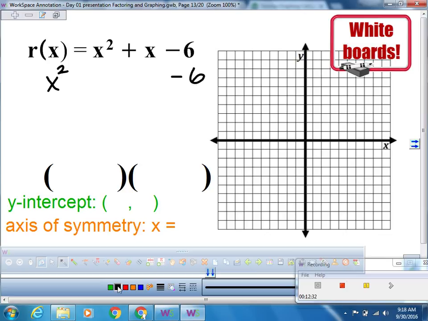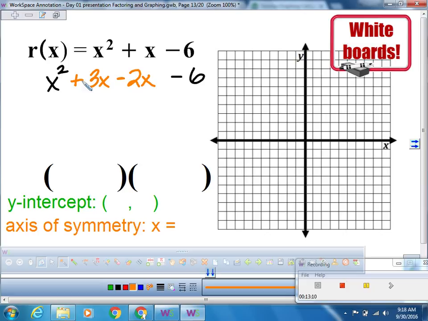So how could I make 3x and 2x, when I add them together, positive x? One of them's got to be negative, one of them's got to be positive. Positive 3x and negative 2x makes positive x.